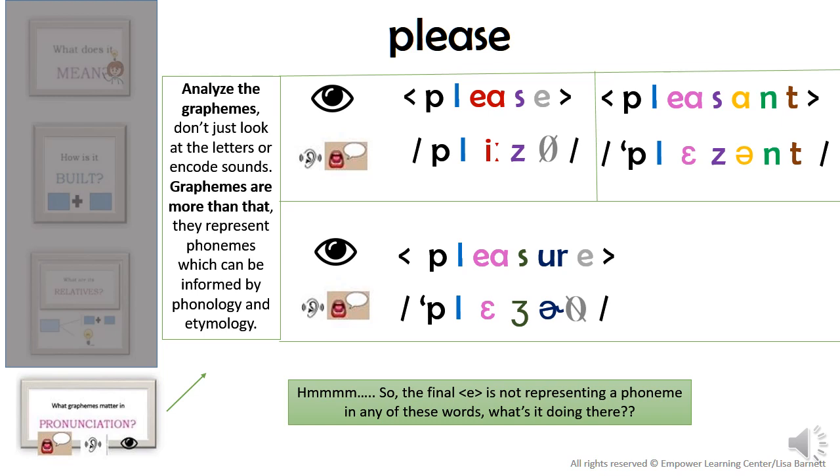If you look at the word pleasant to the right, the E has been replaced with the vowel suffix ANT. It has a P and an L again, which are in the same representation as the first one, but then your EA shifts to the E. You have your S as Z, and your A is represented by a schwa.